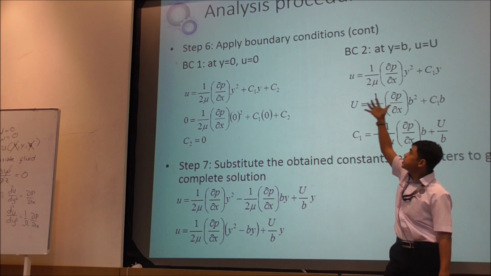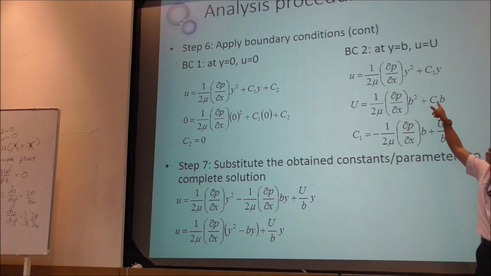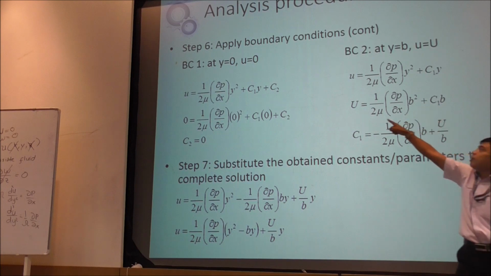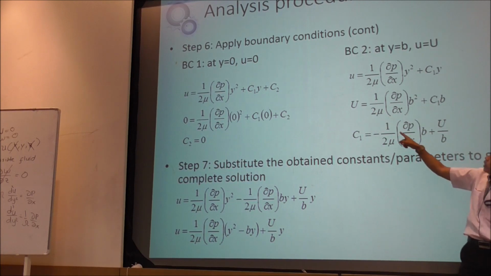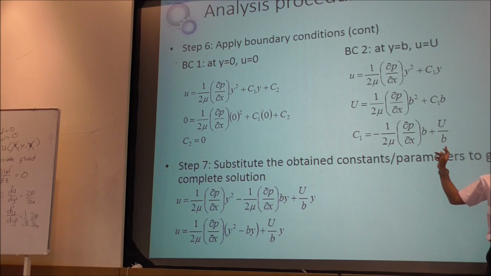Now you have C1B. I do not want C1B, I want C1. So you divide those by B, which means B squared divided by B gives you B, and U divided by B gives you U over B.